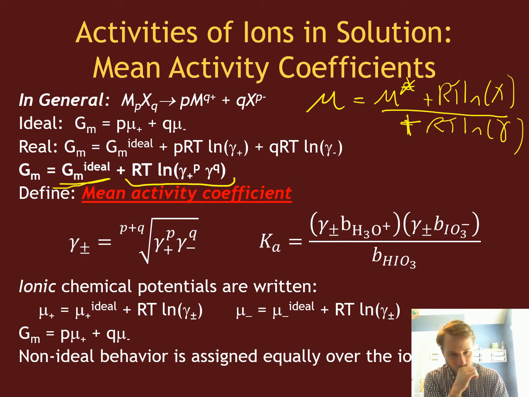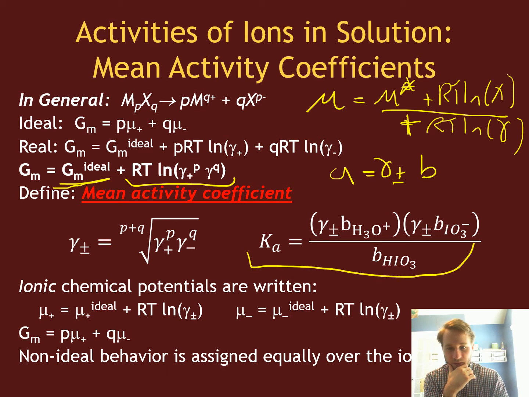Given that, the activity of some ion is related to gamma plus or minus, that mean activity coefficient, times the molality of that ion, which is what is used here, for example, in this Ka expression for a weak acid. We're going to replace the activity coefficients for the cation and the anion with this mean activity coefficient, taking kind of the average of those activity coefficients and applying that same coefficient to both.